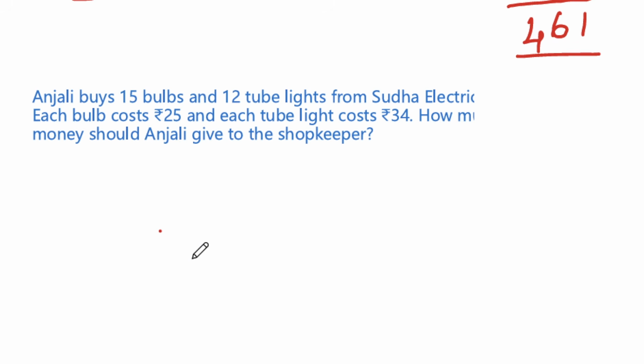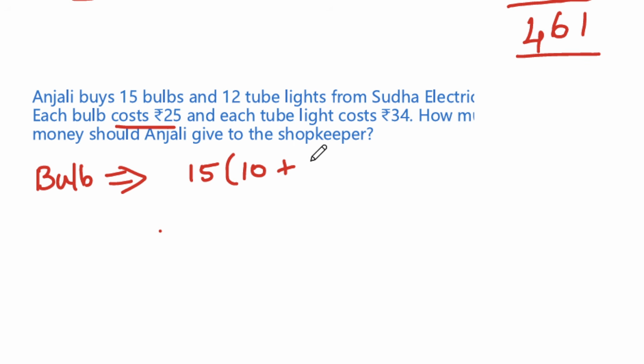So first Anjali buys 15 bulbs. So 15 bulbs, so bulb rate is 25 rupees. So first I'm going to calculate bulb price. So 15, how can we write 15? 15 can be written as 10 plus 5 into 25.